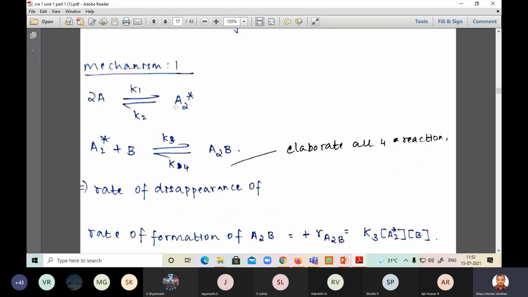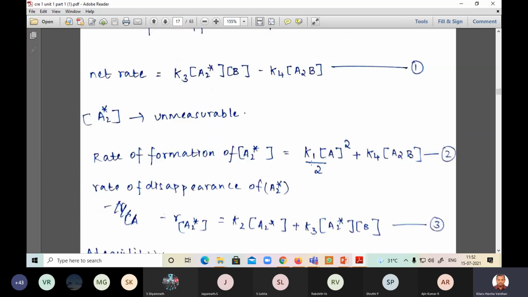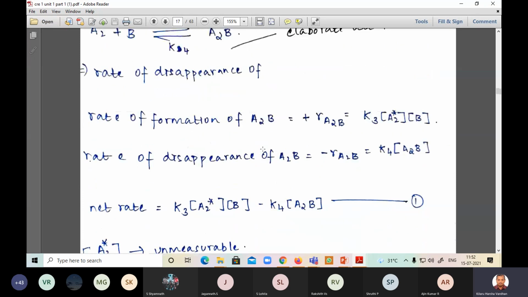If you want to compare the rate with this particular one, then this rate is divided by its stoichiometric coefficient. So the stoichiometric coefficient will be half, right? That is what you will be writing here: K1 A square divided by 2. This is for the first one.